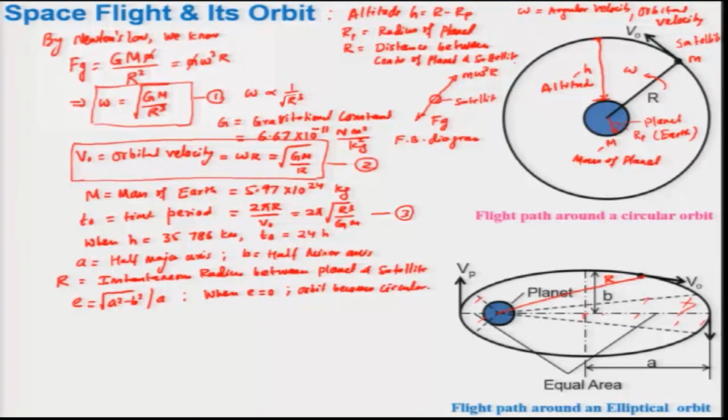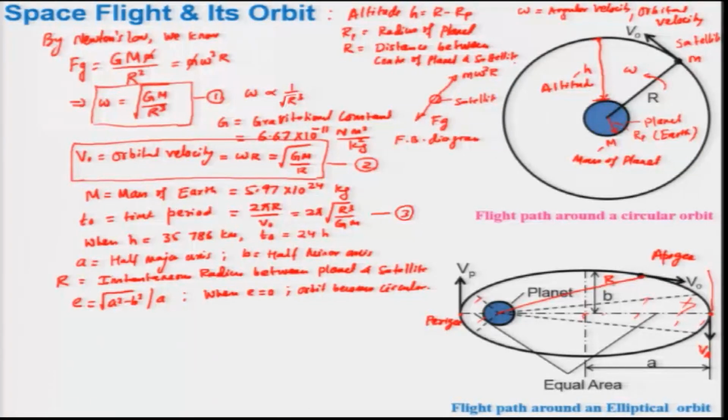There is another thing you should keep in mind. This point is basically the perigee, as it is very close to the planet, and this point is very far away, and we call it the apogee. This has a velocity V a, and this is the perigee. The perigee velocity will be much higher.